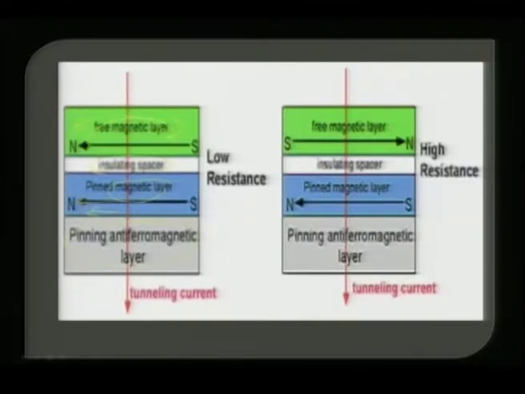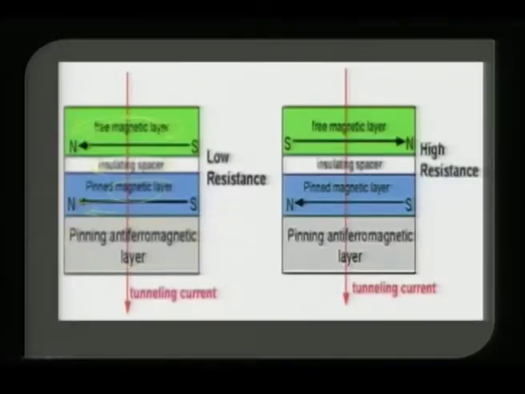So, this is free to rotate depending on the field of magnetization, and in such a case when the moments of this ferromagnetic layer and this are aligned, then the electron that is flowing across this layer will easily tunnel. Whereas in this case, because these two ferromagnetic layers are in opposite directions, the tunneling of this electron becomes difficult. As a result, you have a high resistance case and a low resistance case. We will come to this later. This is called TMR devices, tunneling magnetoresistance.